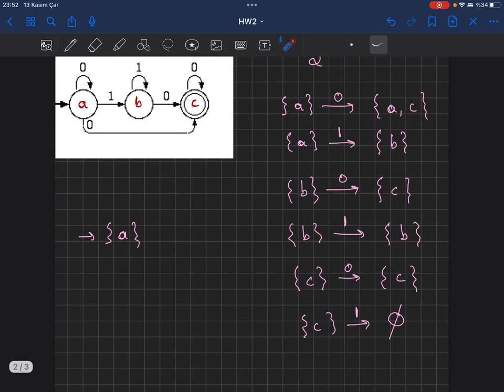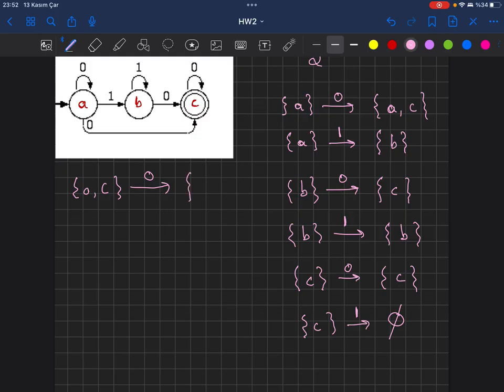So we should write A and C state with 0. Look at A. A with 0 going to A and C. So just write A and C, okay?